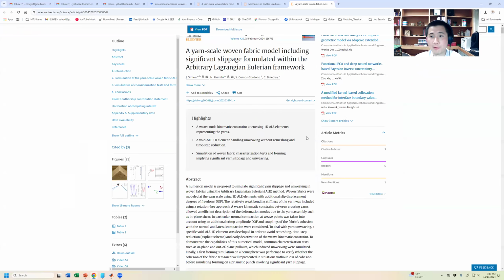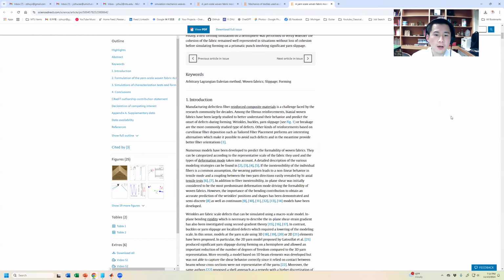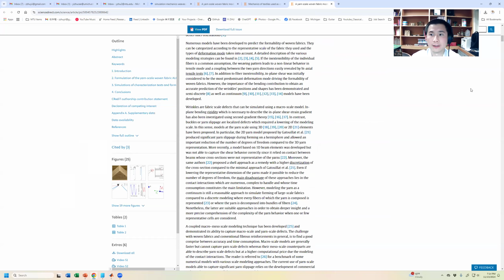So you can imagine why people are curious about it because, for instance, if you want to develop a good bulletproof jacket for police officers, you want to use good fibers and then you want to make sure that the fibers are woven or knit together in a good way. You probably will want to run some sort of yarn level analysis.